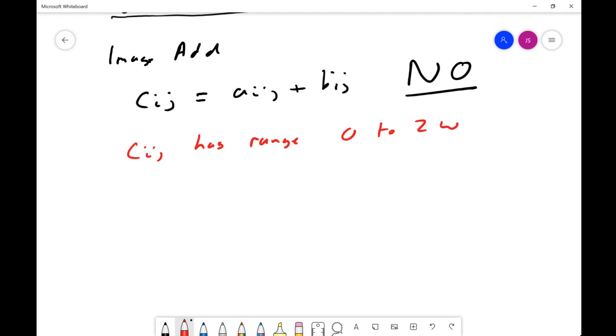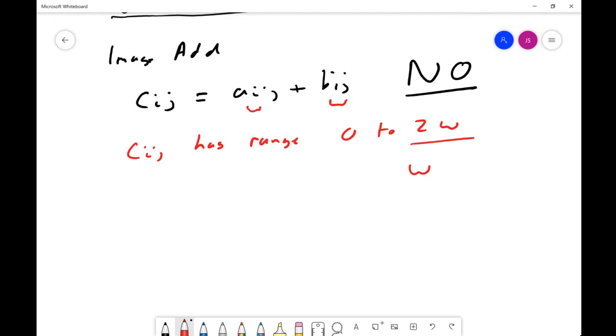This will happen if Aij and Bij are both absolute black. Adding them together, the output pixel is absolute black. But if Aij is absolute white, W, and Bij is absolute white, we get 2W, which is out of the range of the image system.